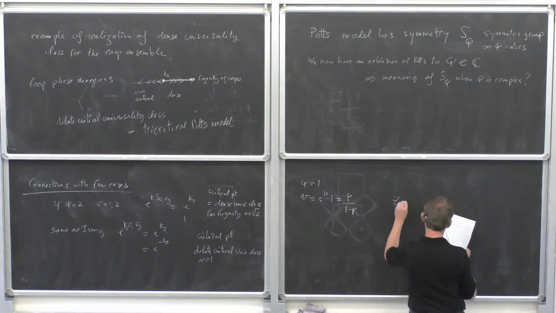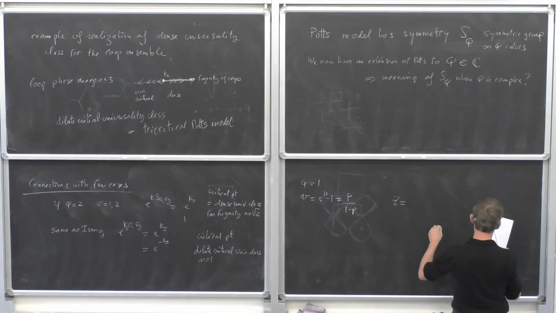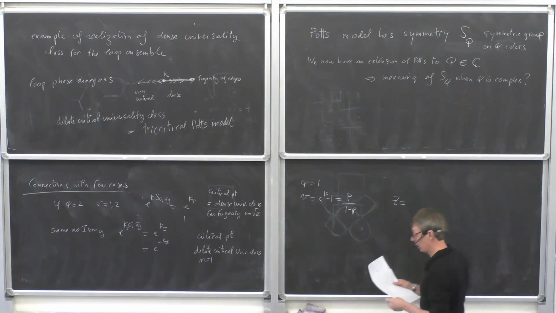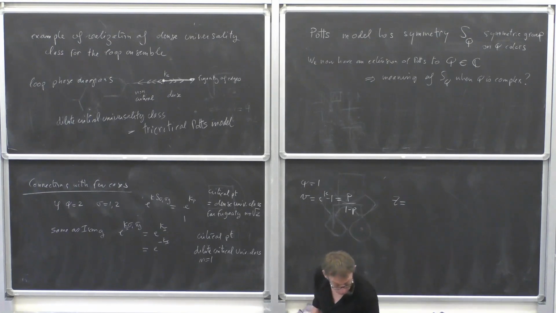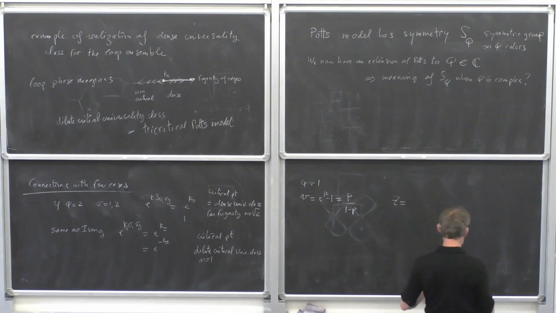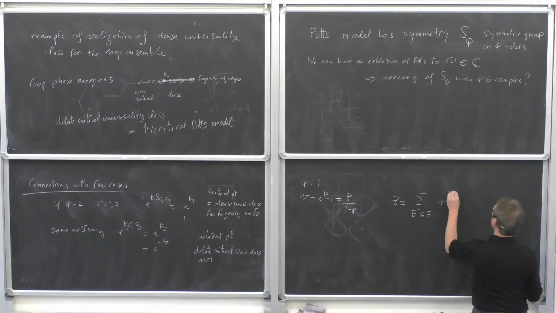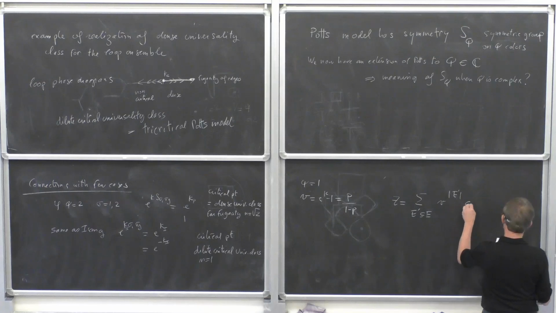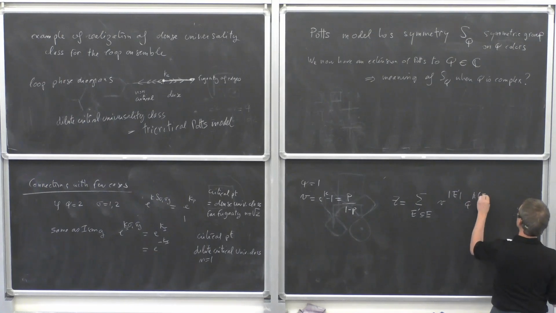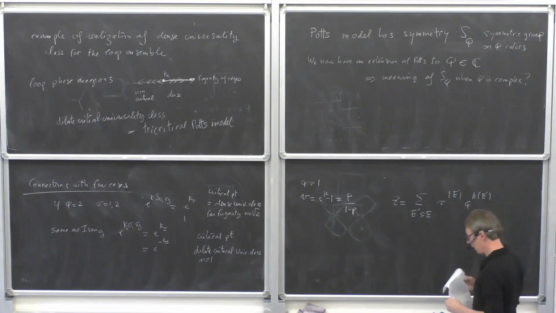So we had Z, which was the sum over E prime, subgraph of V to the E prime Q to the k of E prime.